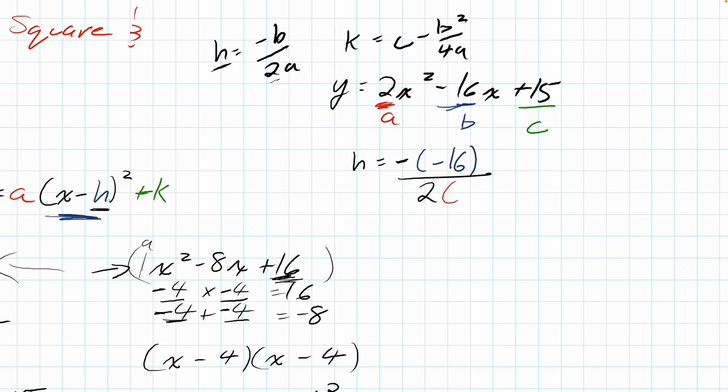And the a value happens to be the number 2. So if we carry this out, on top we're going to get positive 16 divided by 4, and we end up with h is equal to 4. Okay, that is the number we found in the middle.